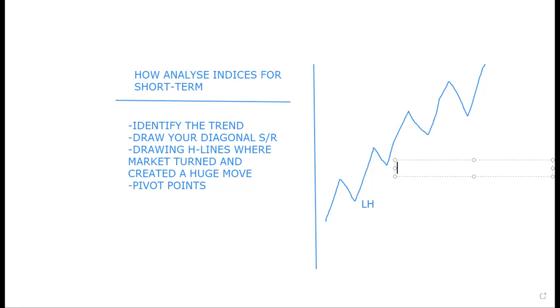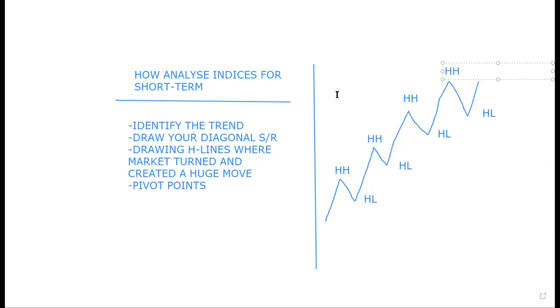We also have a higher low, and we also have another higher low. And then on the other hand, we have higher highs, higher highs, higher highs. You get me? So basically, this is an uptrend.